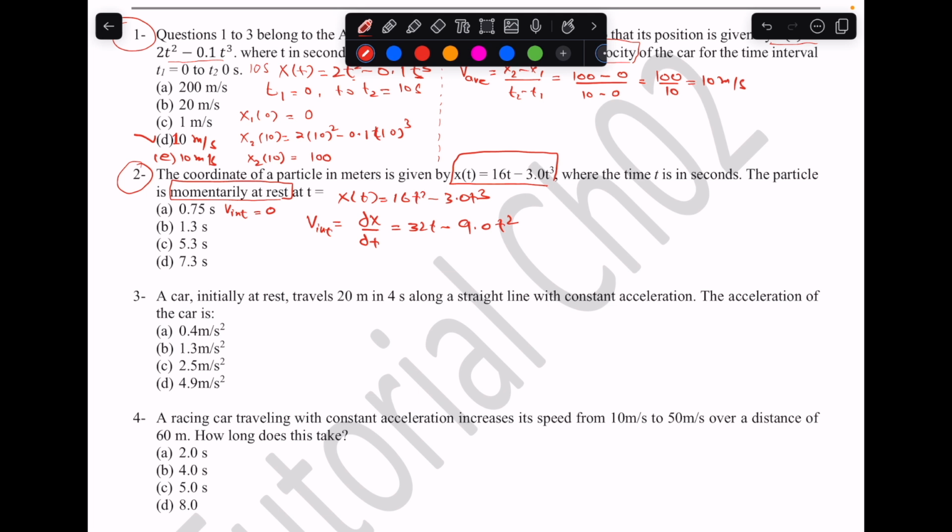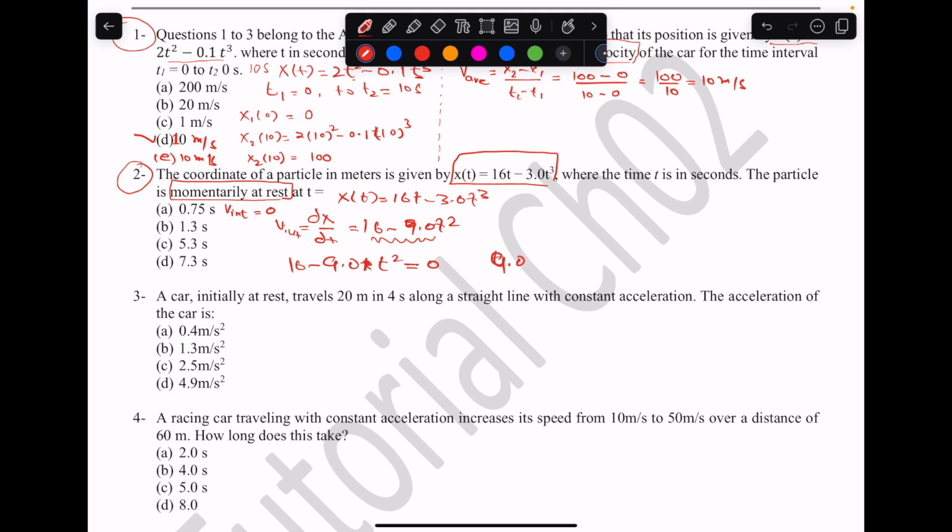This function is not t squared, it's only t, minus 3.0 t cube. So dx by dt, which is your v instantaneous, is 16 minus 9.0 t squared. Because its velocity is momentarily 0, we substitute this function, 16 minus 9.0 t squared equals 0.